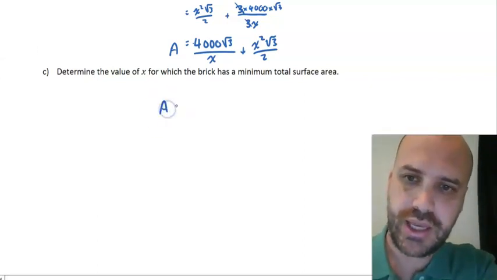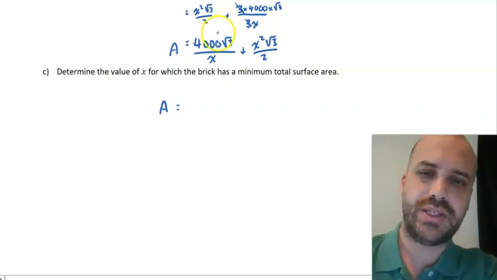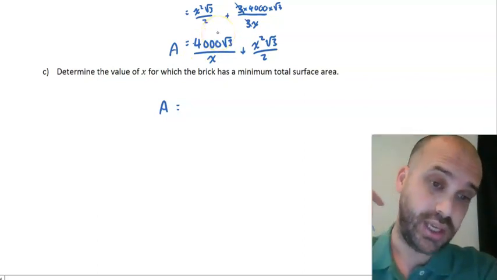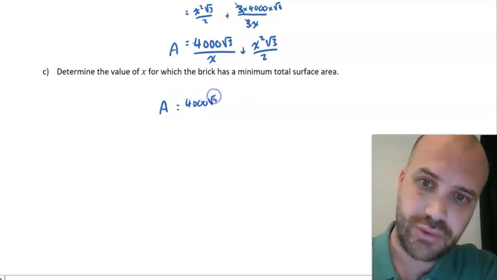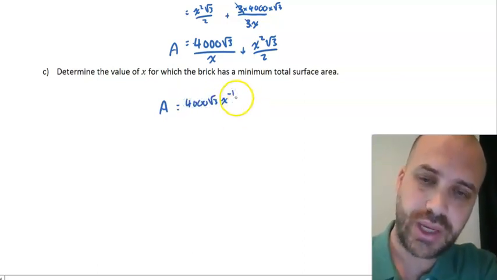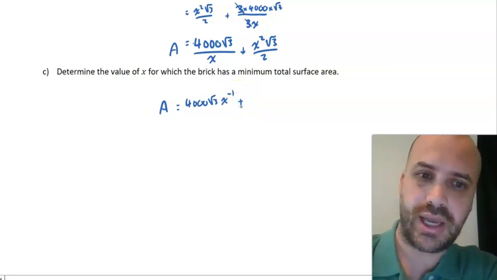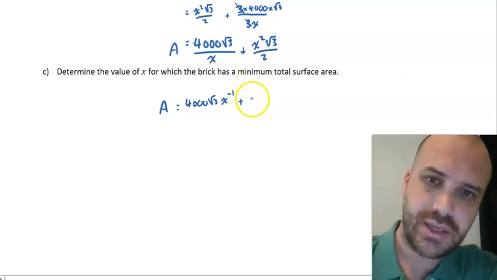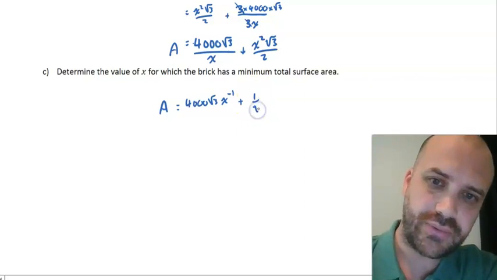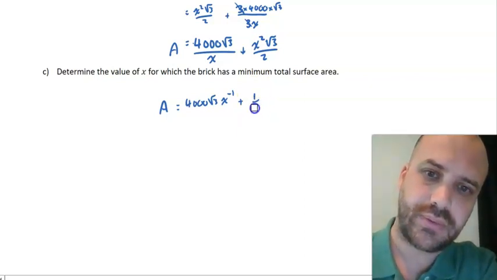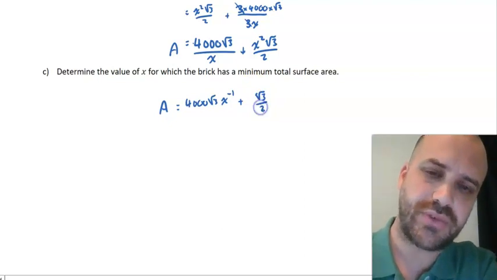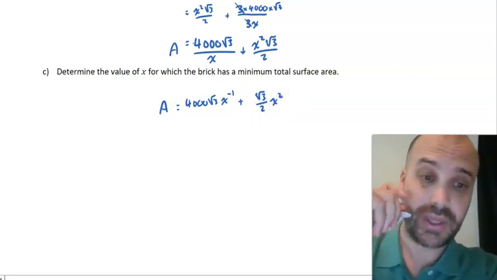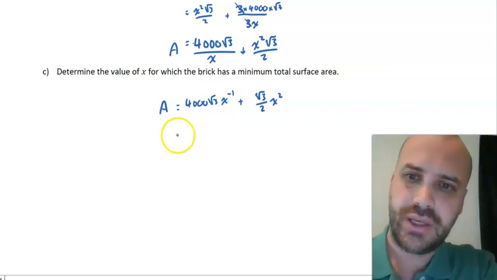So A equals, it's going to be easier for me to derive this if I write it as 4,000 root 3 x to the negative 1 plus, let's write it a little bit strange here, root 3 over 2 x squared. All right, that's easier for me to derive.